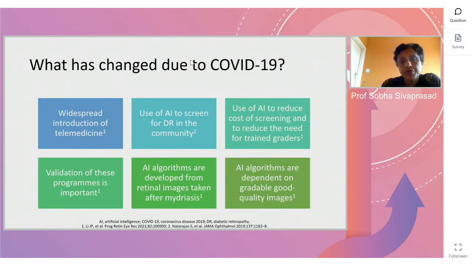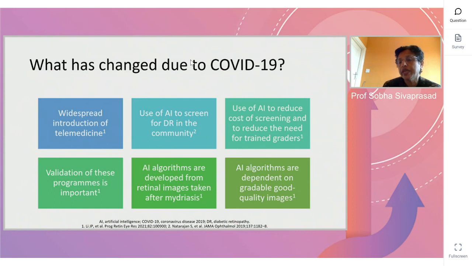So we are improving. But what COVID actually accelerated in our progression is understanding how to deliver diabetic retinopathy screening: we managed to understand that telemedicine is the way forward. We also know that AI will be an efficient and productive way of delivering diabetic retinopathy screening in the community.